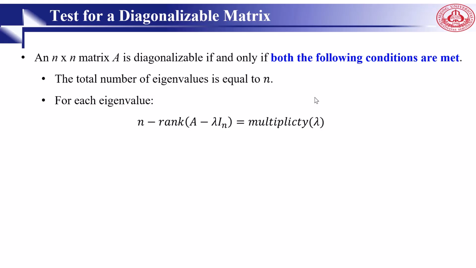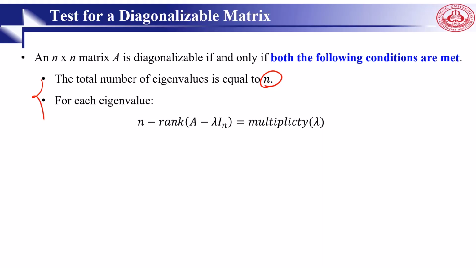Now we want to check whether a matrix is diagonalizable or not. Based on the definition, an n by n square matrix A is diagonalizable if and only if two conditions are satisfied. The total number of eigenvalues, when each eigenvalue is counted as often as its multiplicity, is equal to n.